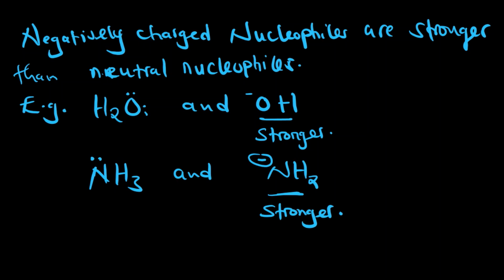So when you compare neutral nucleophiles and negatively charged nucleophiles, the ones that have got a negative charge are stronger, and hence SN2 reactions will occur more readily with nucleophiles that are negatively charged, because SN2 reactions depend on the nucleophile.